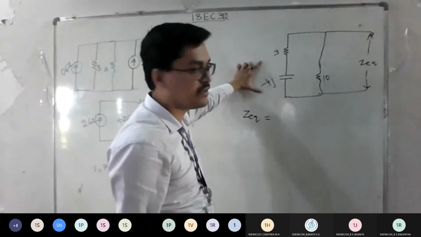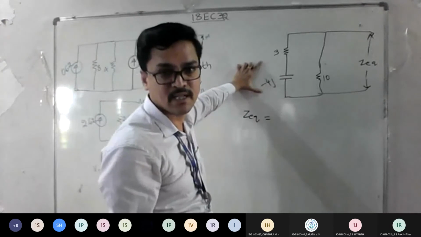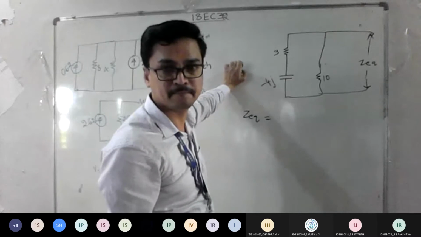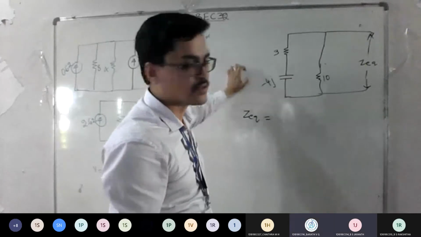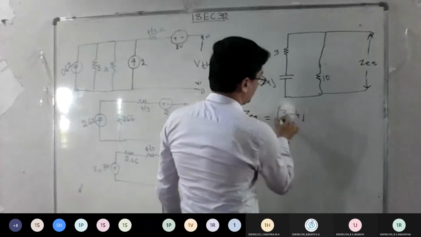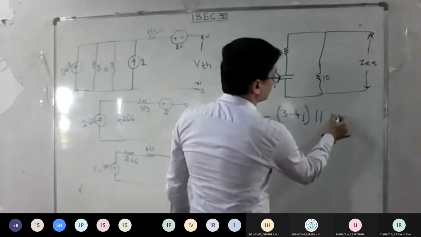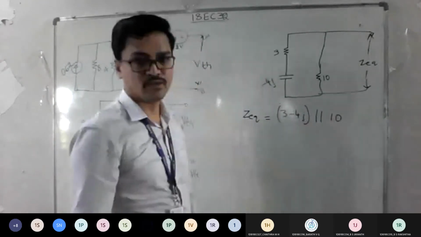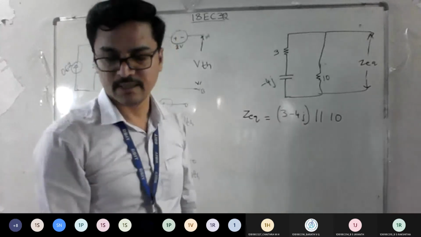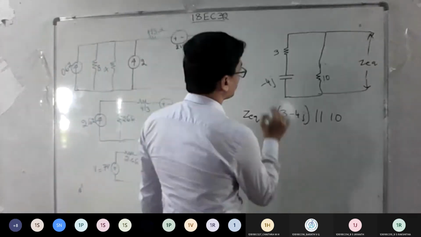This 3 minus 4J is one impedance, and it is in parallel with this 10 ohm. Correct or wrong? Yes, sir. So I can perform 3 minus 4J parallel with 10 ohm.